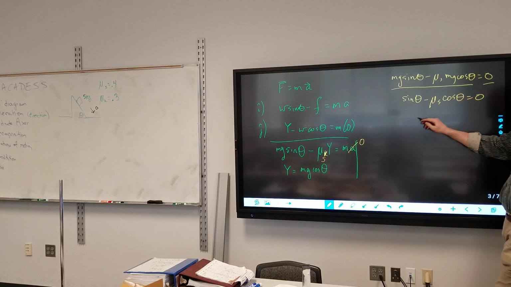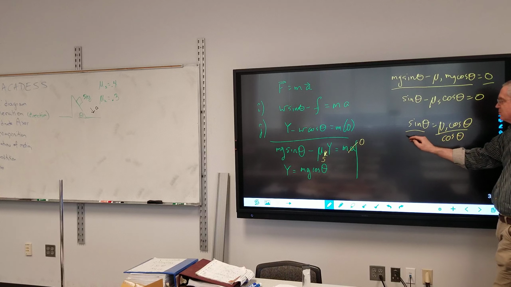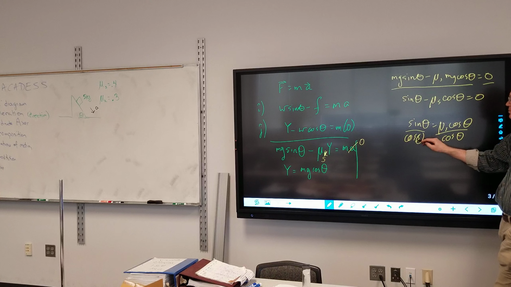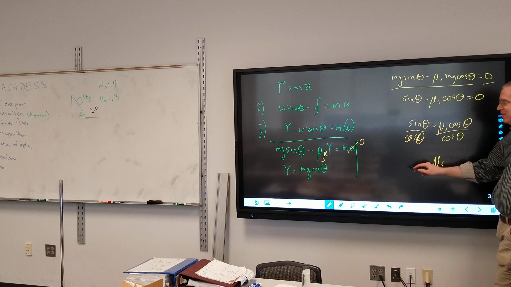If I add this to both sides, then I get sine theta is equal to mu s cosine theta. Divide both sides by cosine theta. And mu s is equal to the tangent of theta.